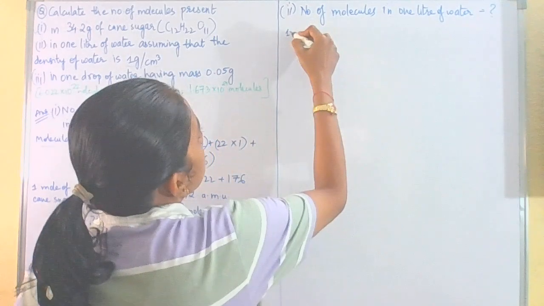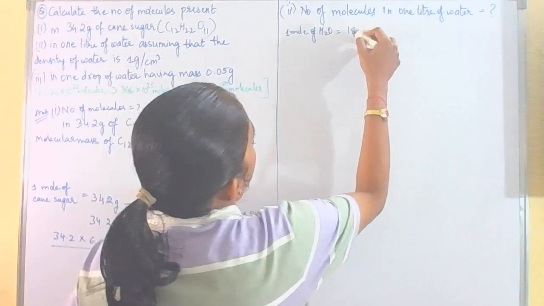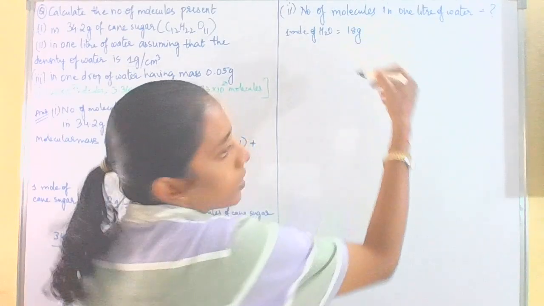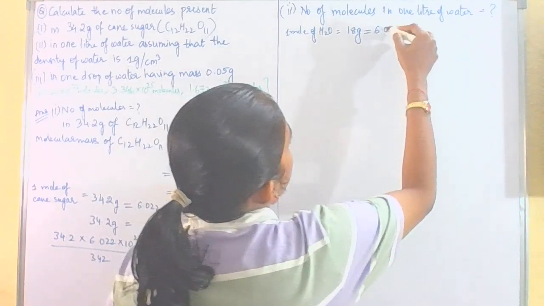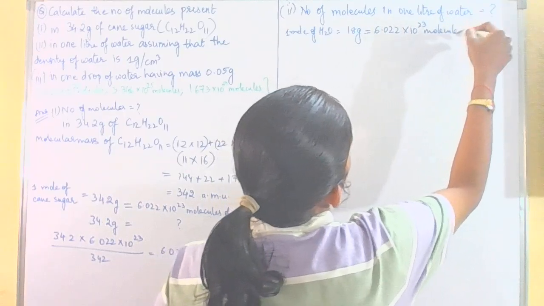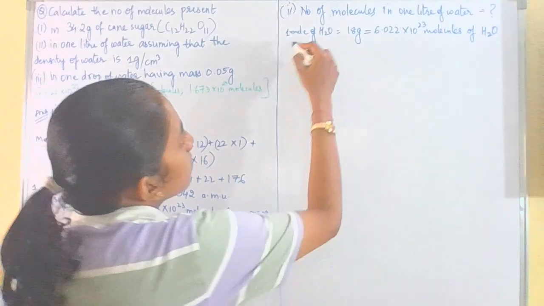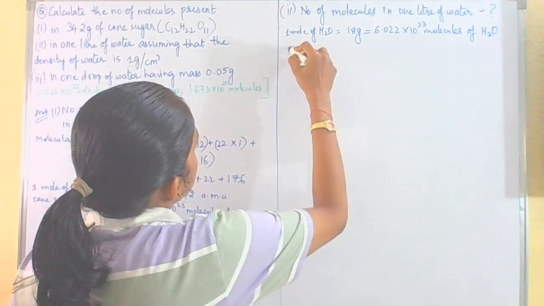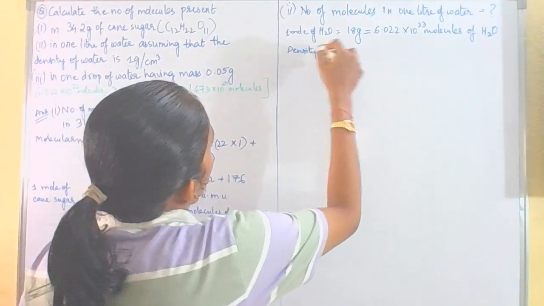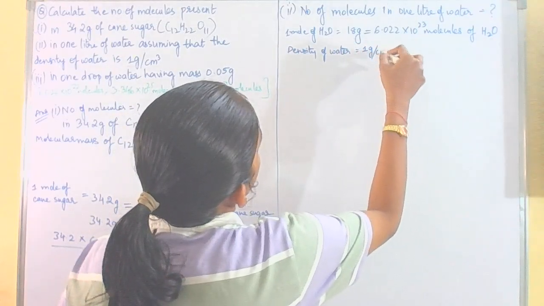First, 1 mole of H2O is equal to 18 grams. This is the gram molecular mass of H2O, which is equal to 6.022 into 10 to the power 23 molecules of H2O. Now they have given that the density of water is equal to 1 gram per centimeter cube.